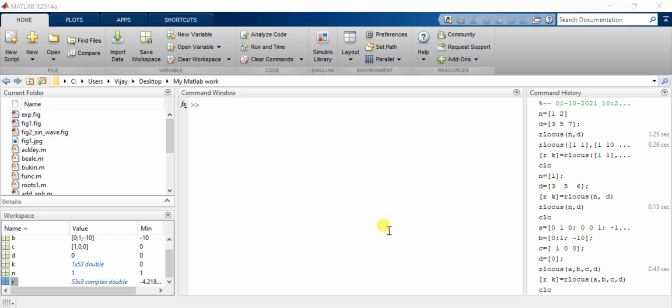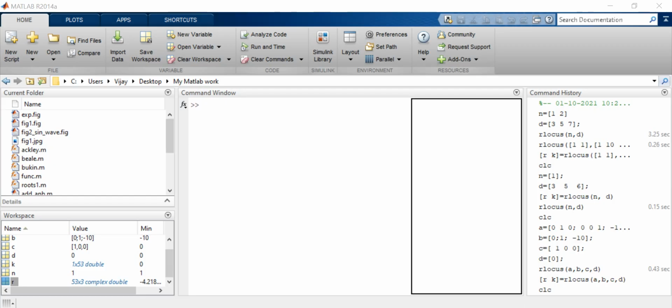So let's take some examples and try to draw their Bode plots.